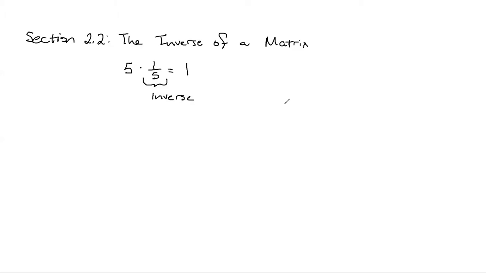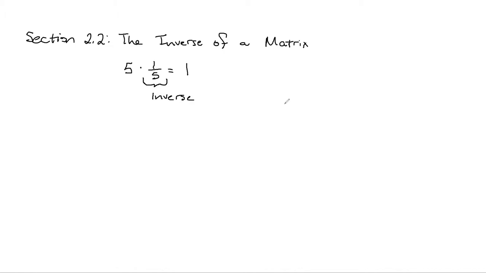If we multiply something by 5, we can undo that by dividing by 5 or conversely multiplying by 1/5. This is the idea that we're going to use when we're talking about matrix "division." Instead, we're going to think of finding an inverse of a matrix and then doing matrix multiplication with that inverse.